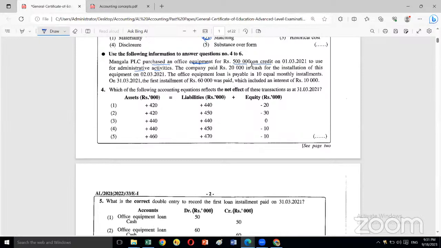After that, the company paid 20,000 in cash for installation of this equipment. Can you remember? Now I'm asking you a question: this installation, is that an expense?